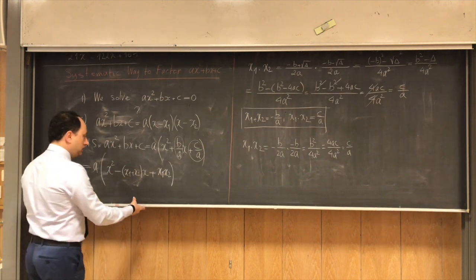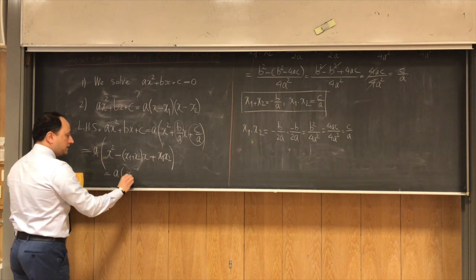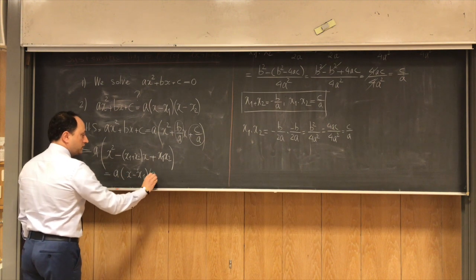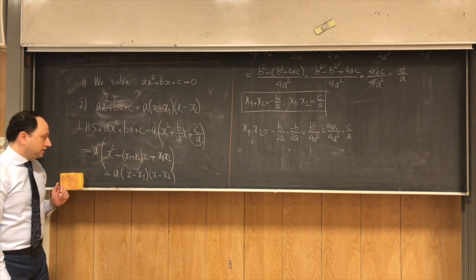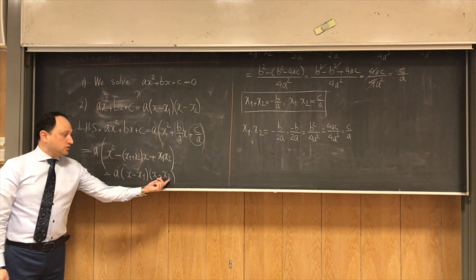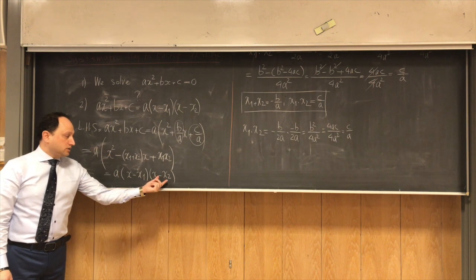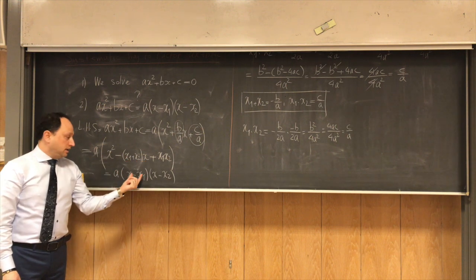And then you can immediately realize that this is a times x minus x1 times x minus x2, using that common term identity. The common term to the two, the sum of these two numbers, minus x1 minus x2, becomes minus x1 plus x2 times the common term.